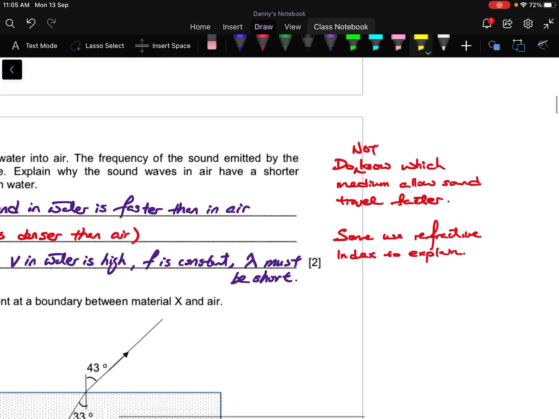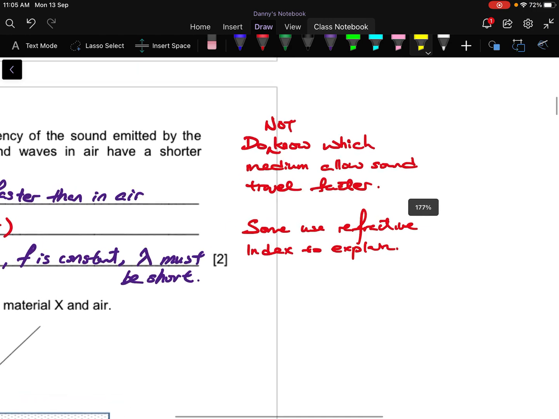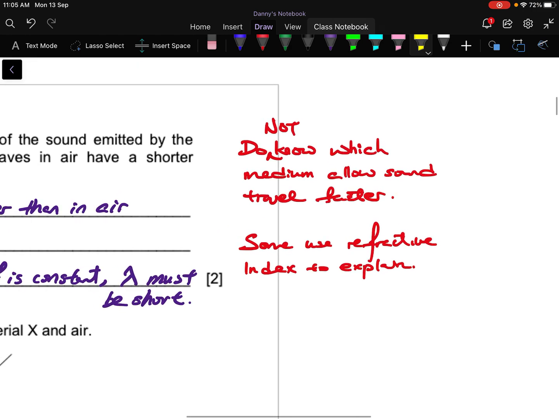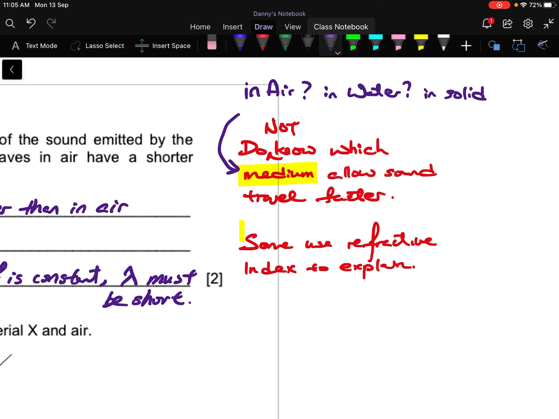Okay, for part C, it is quite disappointing, because I can see from your answer that many of you are not aware of the medium, meaning whether it is traveling in air, or in water, or even in a solid.